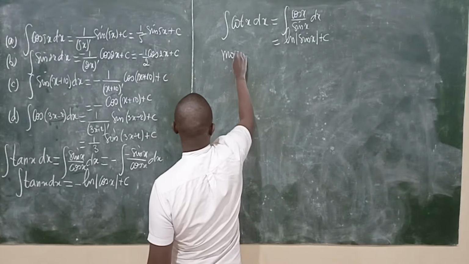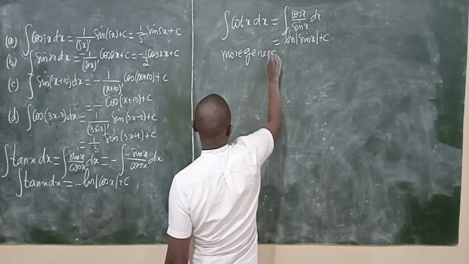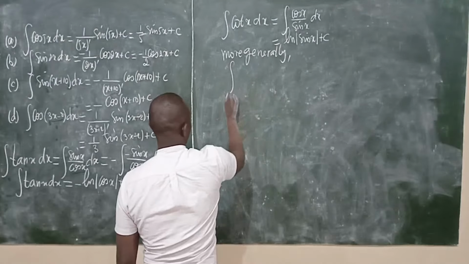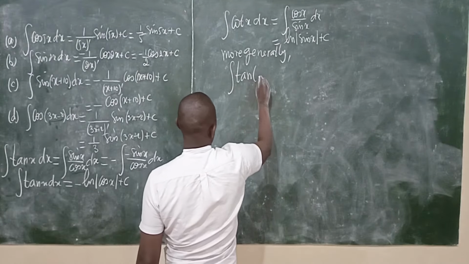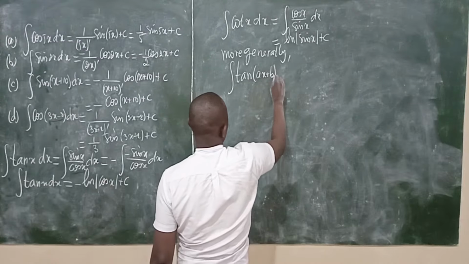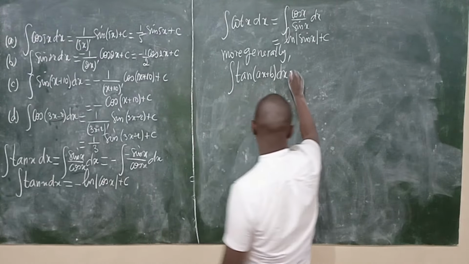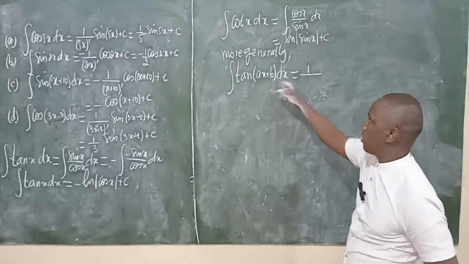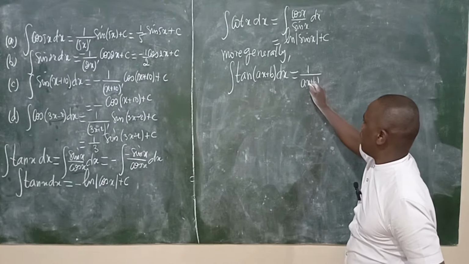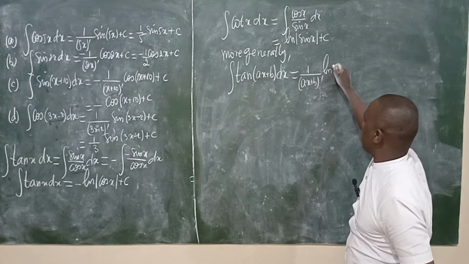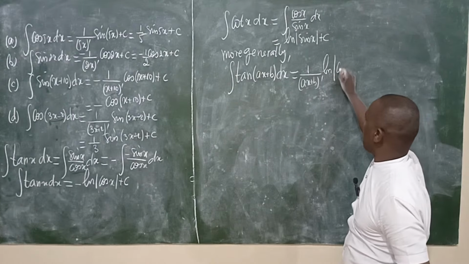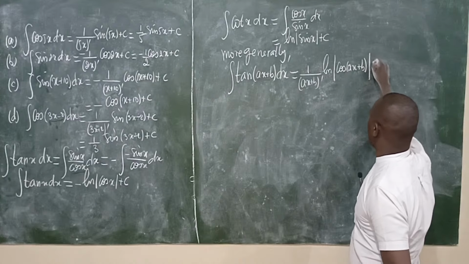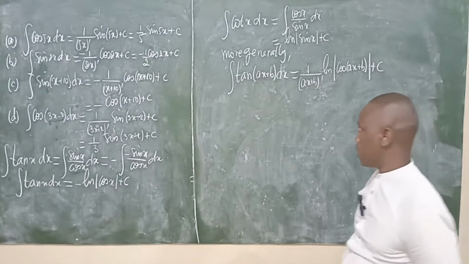More generally, the integral of tangent of ax plus b dx is equal to 1 over the derivative of ax plus b, times minus the natural log of cosine of ax plus b, plus a constant of integration.